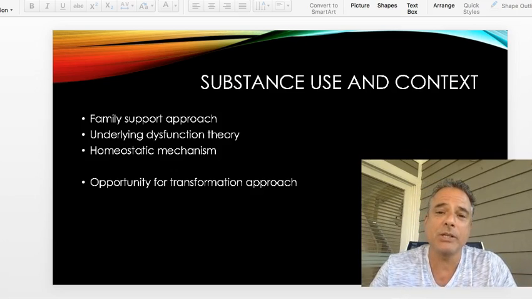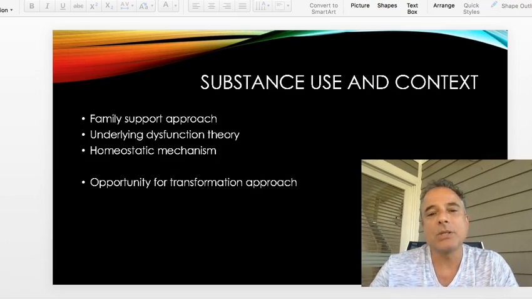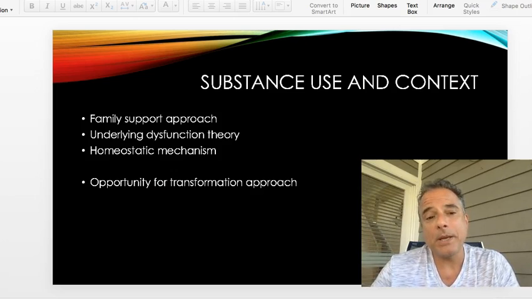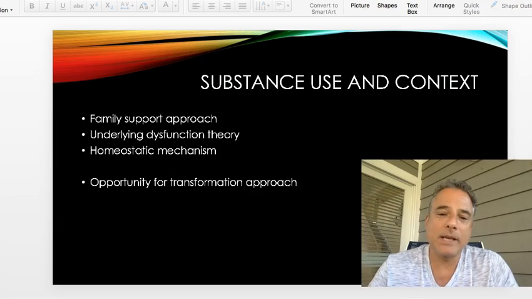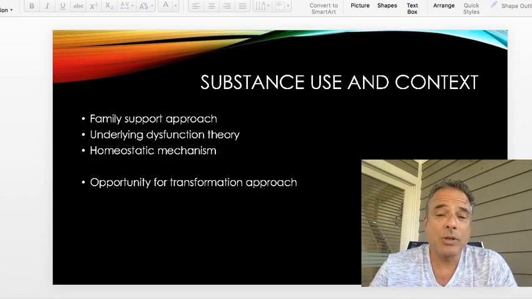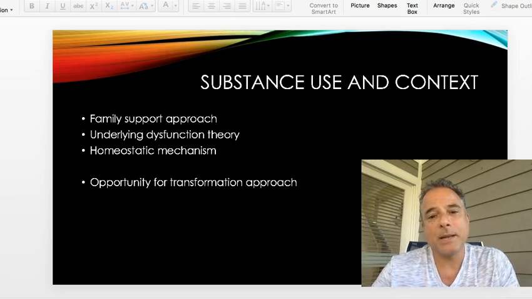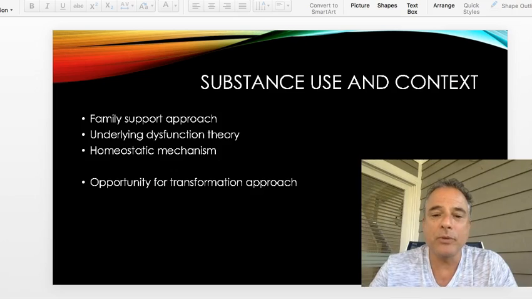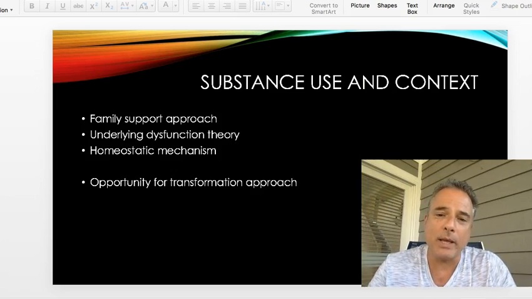And this challenges the dominant discourse in our field that substance use is a pathology, but rather a doorway or an opening for people to look at their lives and ask some big questions. And certainly substance use is an opportunity to do that. And for us as therapists, it's an opportunity to not necessarily look at the substance use as a symptom to be extricated or removed, if you will, but a doorway to asking some bigger questions.